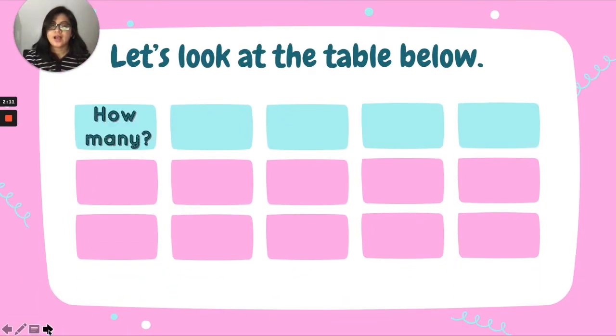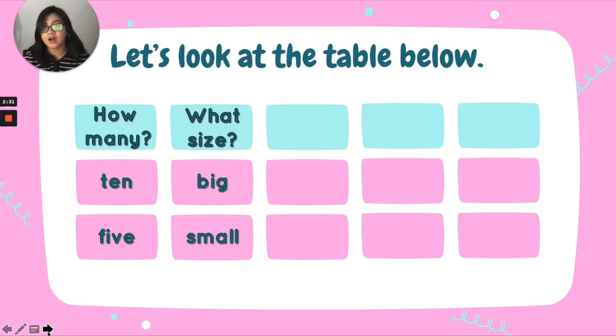Now let's look at these tables. If you're asked how many, of course you answer by using number words. You can say 10 cats, 5 pillows. If you're asked what size, of course you describe the size. Is it big, small, medium, large? There are many words that we use to tell size. What shape? For example, we're talking about a towel.